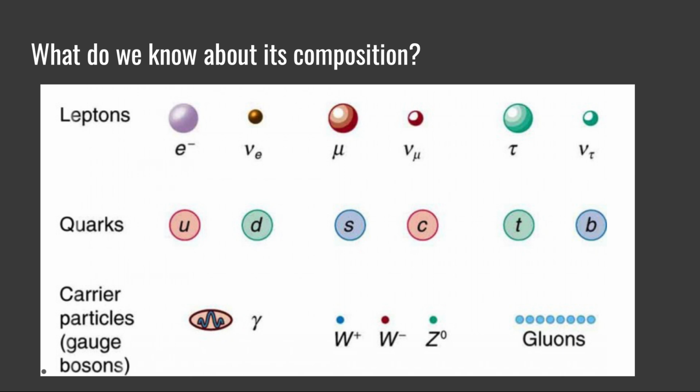So there are a few theories about its composition. We know that since dark matter weakly interacts with matter, it's non-baryonic. So two candidates include neutrinos, which are a form of hot dark matter, and WIMPs, which are weakly interacting massive particles.